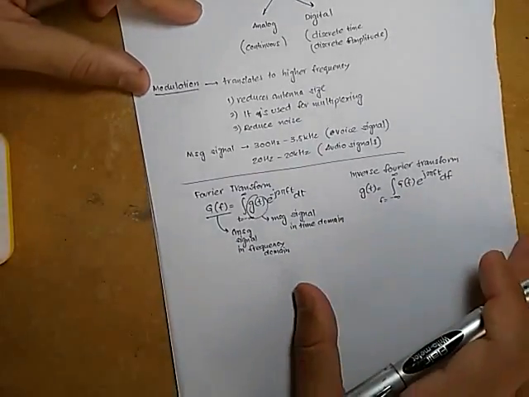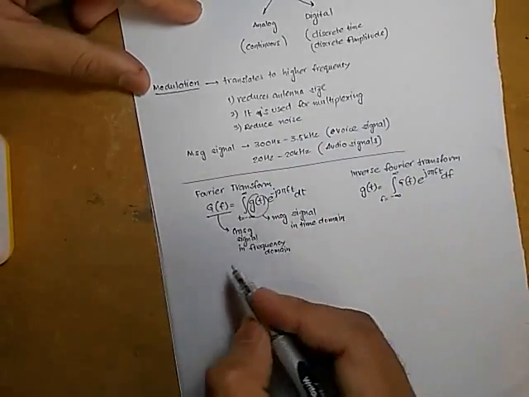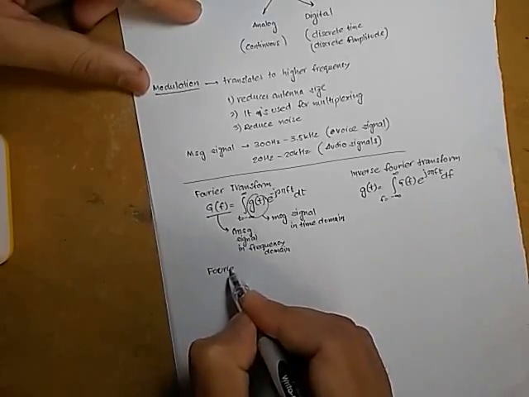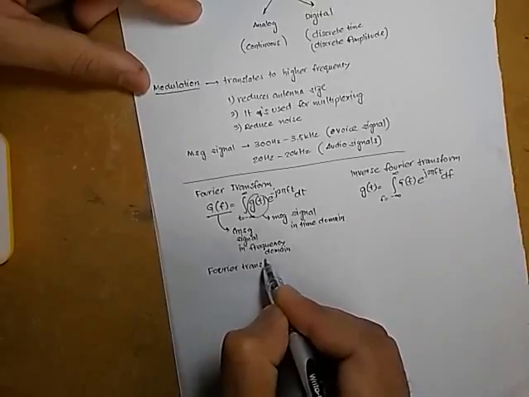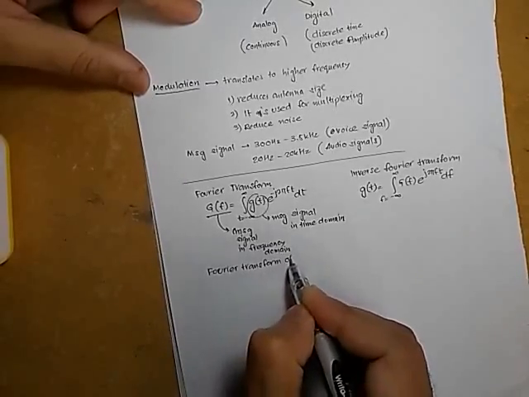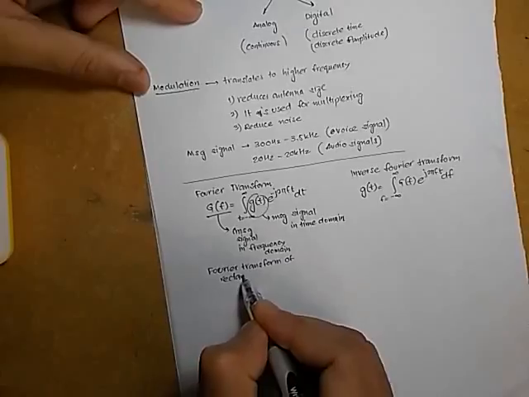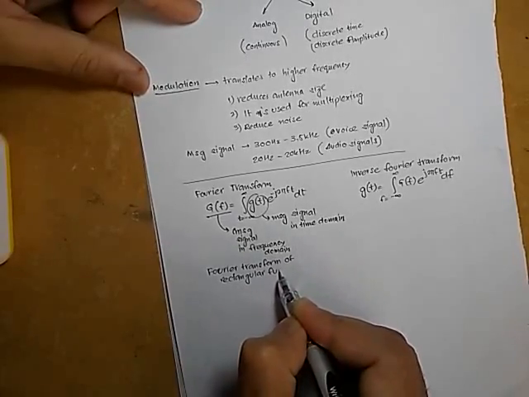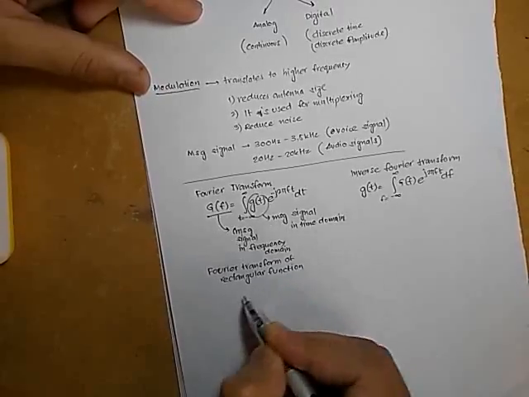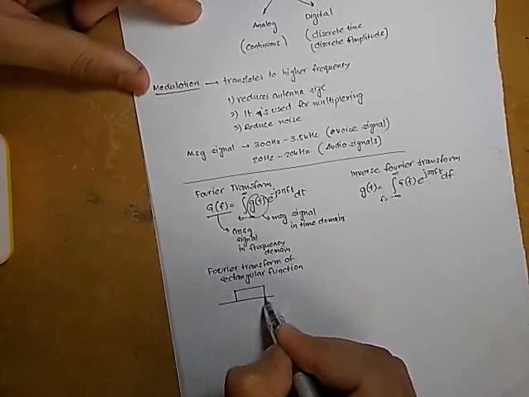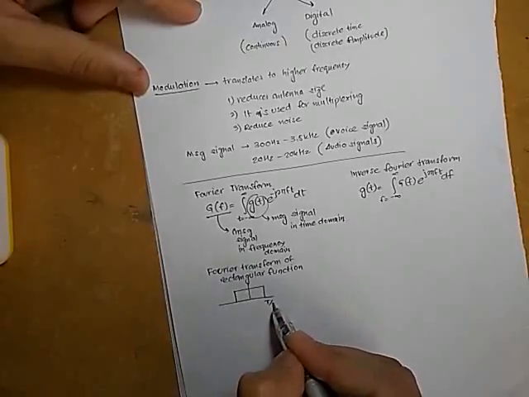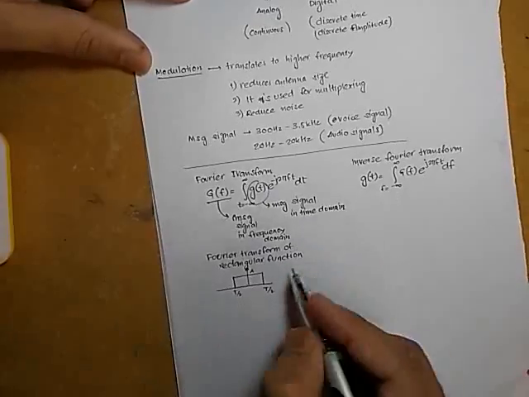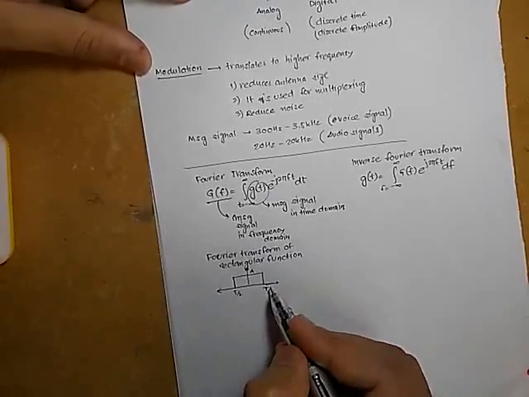Now, some basic Fourier transforms we have to remember, like the Fourier transform of a rectangular function. This is a basic rectangular function in time domain.